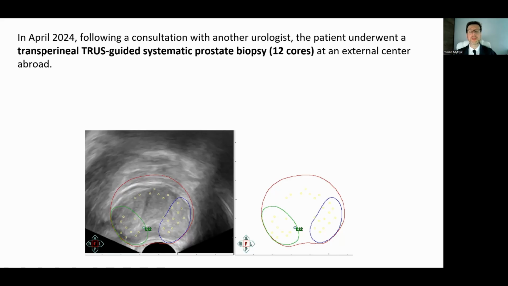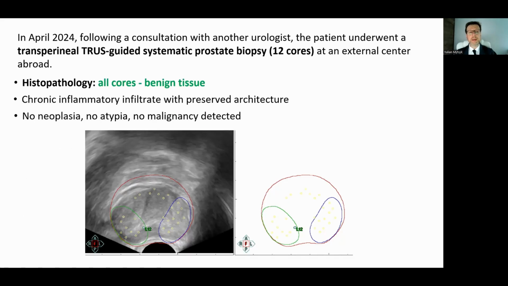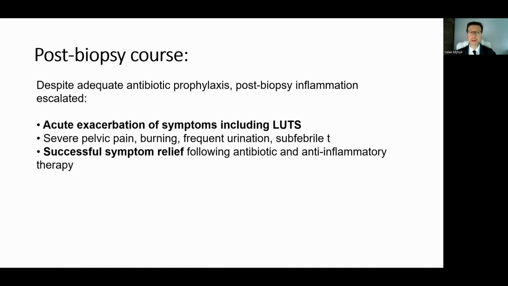In April of 2024, following a consultation with another urologist at another expert external center, the patient underwent a transperineal TRUS-guided systematic 12-core biopsy. In the result of the histopathological examination, all cores were benign tissue with chronic inflammatory infiltrates, with preserved architecture, no neoplasia, no atypia, and no malignancy detected.